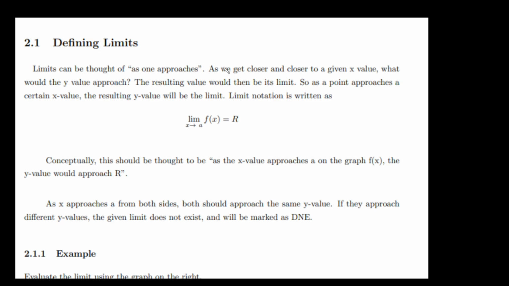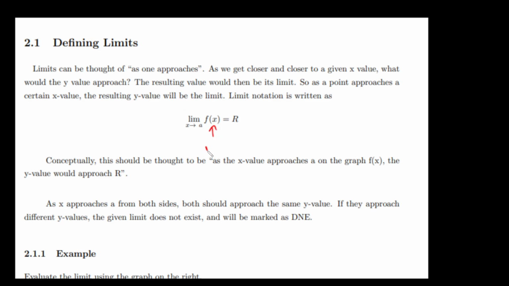The limit, I think, is a fairly easy concept. It's basically saying, as we approach an x value, what would the y value be? As we get closer and closer to a given x value, what would the y value approach? That resulting value would then be its limit. Limit notation is written out like this, and you've probably seen it somewhere.